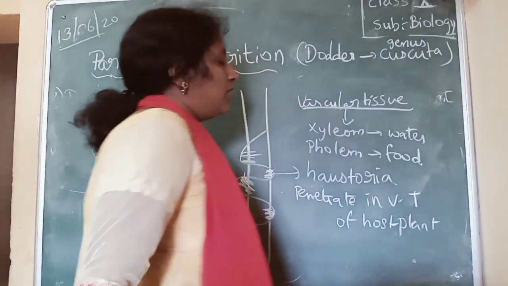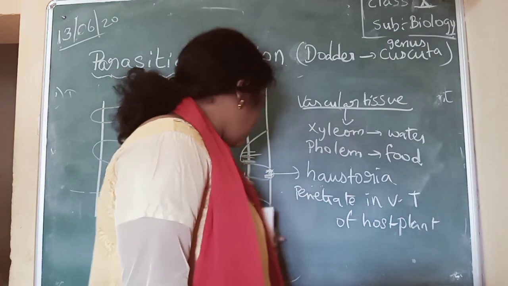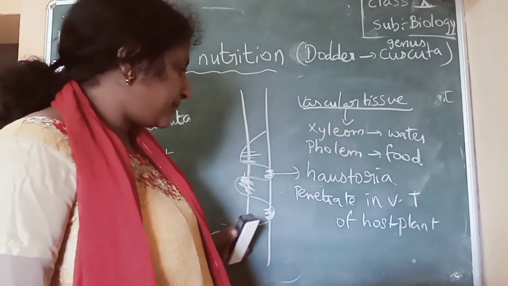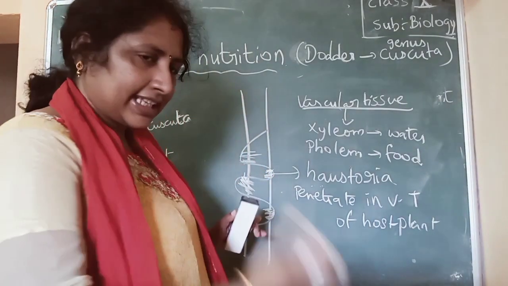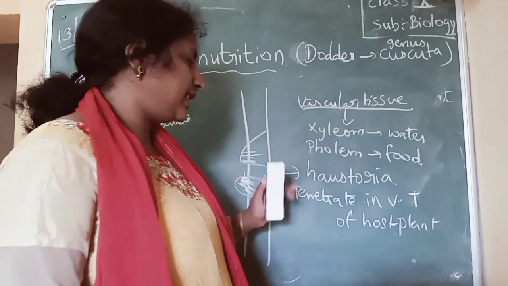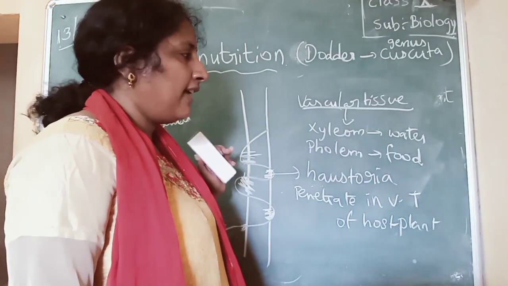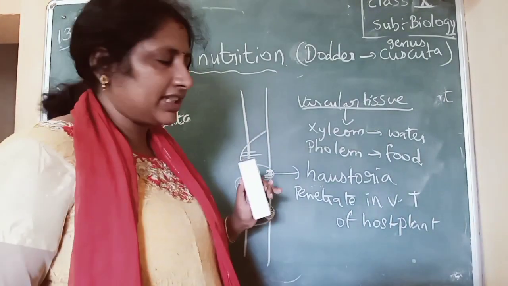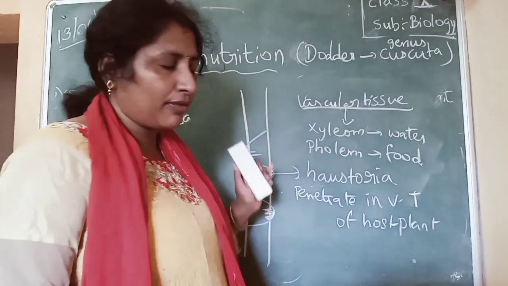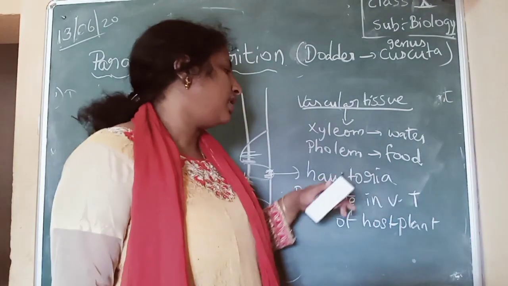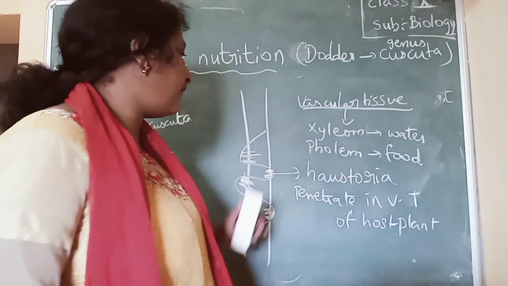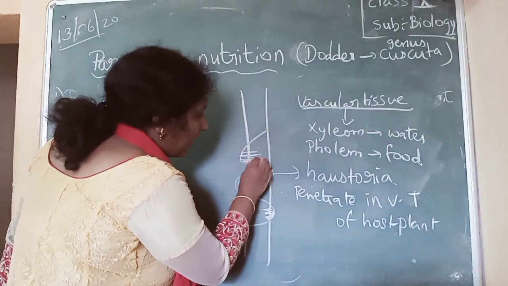So once the dodder plant gets attached and starts growing on the host plant, its haustoria penetrate into the vascular tissue.